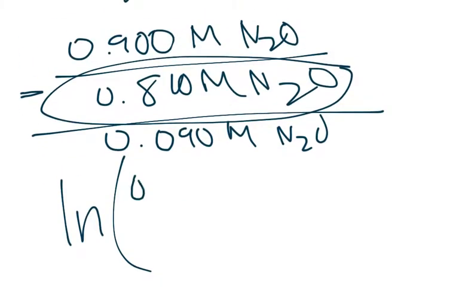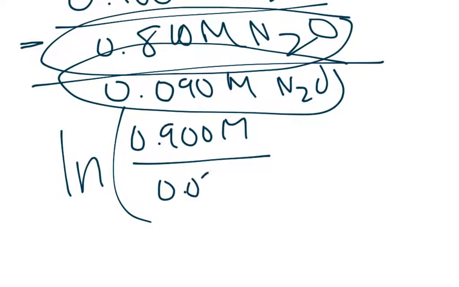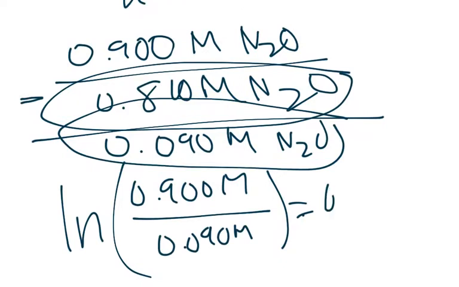So we can make these our new conditions. So our original condition was 0.900 molar over our final conditions after 90% of the reaction is done. So 0.090 molar. And this is equal to our K, which is 0.00812, and that's multiplied by the time.